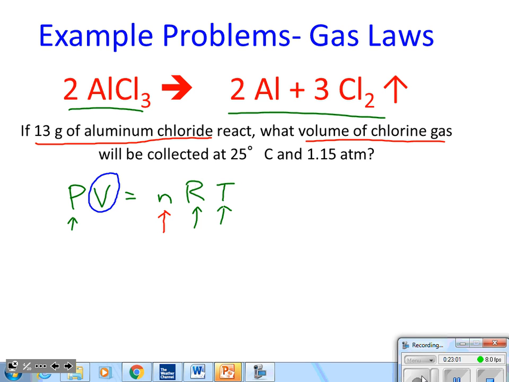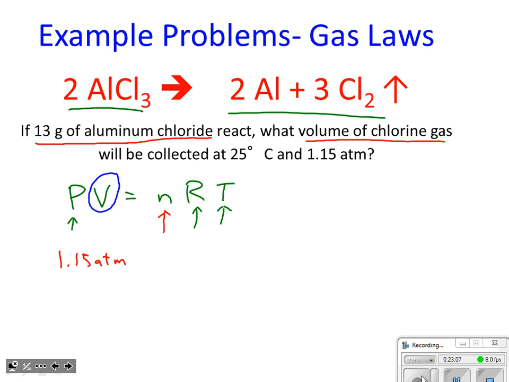What is P? 1.15 atm. What is V? I don't know V. What is n? 0.14624. What's my label? Moles. Now, what is R? What did we call R?